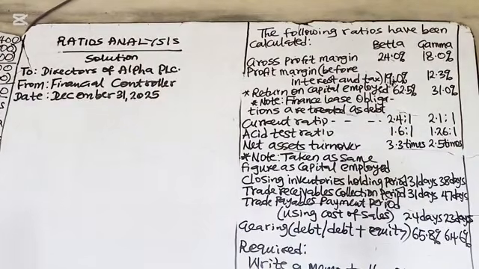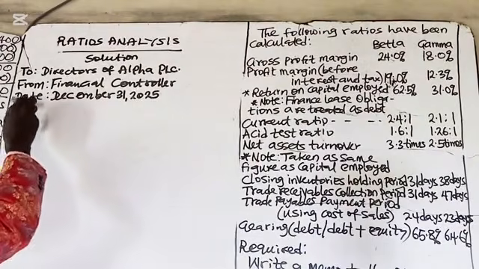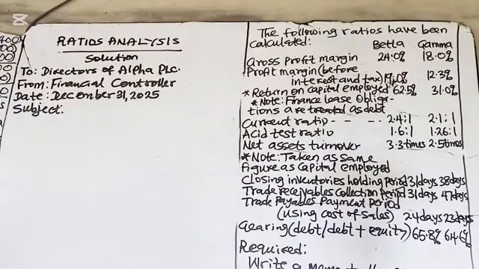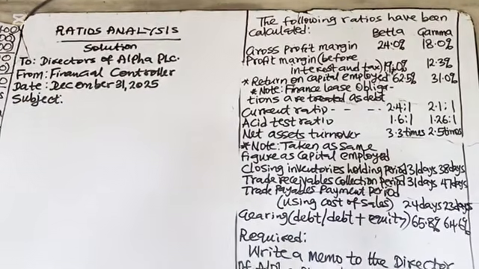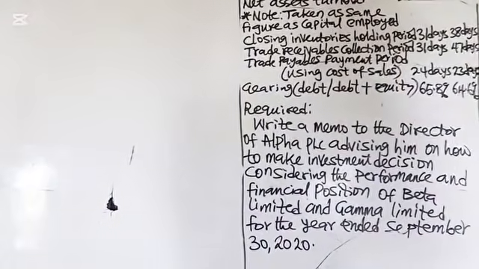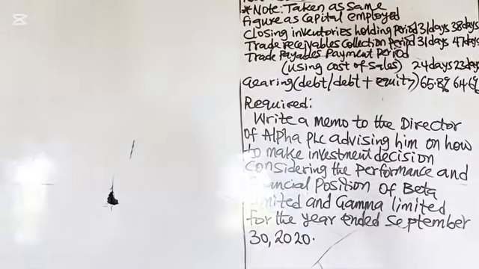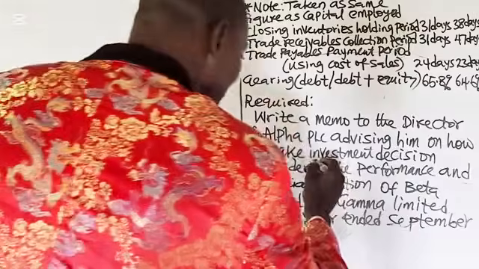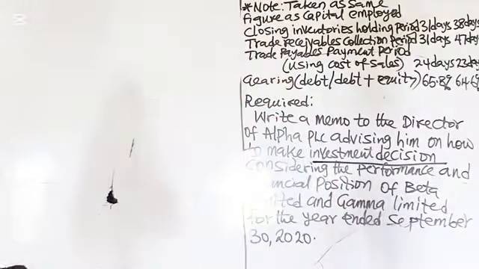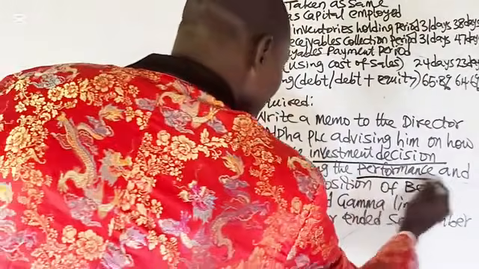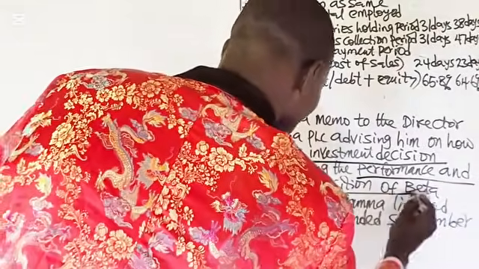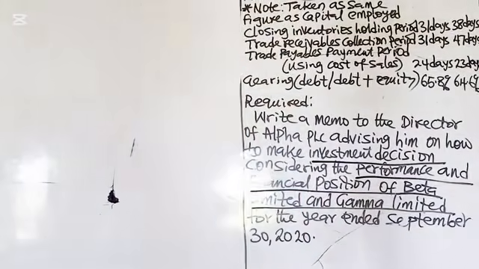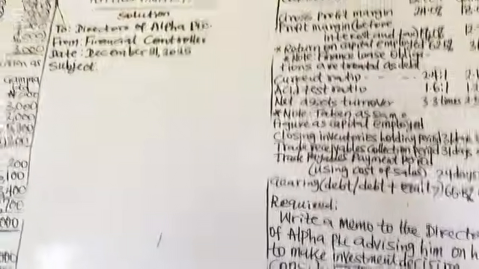Then, what is the subject? The subject is the purpose of the memo. If you look at the requirement, you are to write a memo to the directors of Alpha PLC, advising him on how to make investment decisions, considering the performance and financial position of Beta Limited and Gamma Limited for the year ended September 30, 2020.